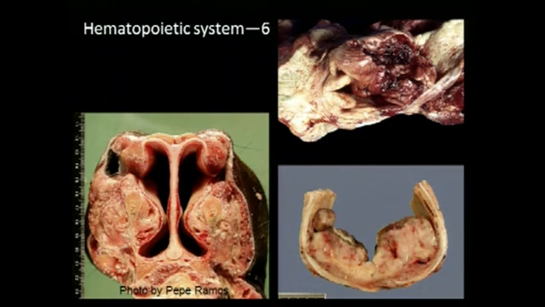Horses get lymphoma in several sites of predilection, which tend to differ a little bit from the sites of predilection that other species have. This composite of pictures from 3 different horses shows that in equids there is a propensity to develop lymphoma in the upper respiratory tract. In this photo by Pepe Ramos, we see that lymphoma is expanding the nasal mucosa and the subcutis.